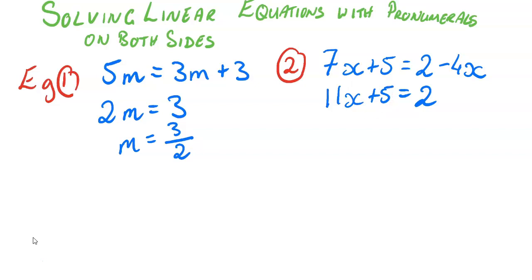So here, I've got 11x plus 5 equals 2, so I'm going to have to subtract 5 from both sides. So 2 take away 5 gives me negative 3. Now I have to divide both sides by 11, so that's negative 3 over 11. So x equals negative 3 over 11.